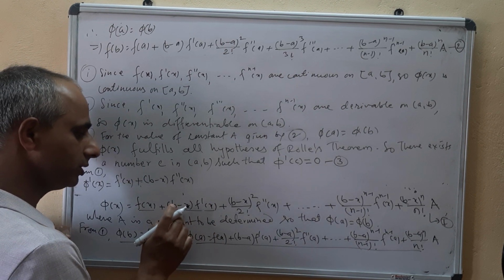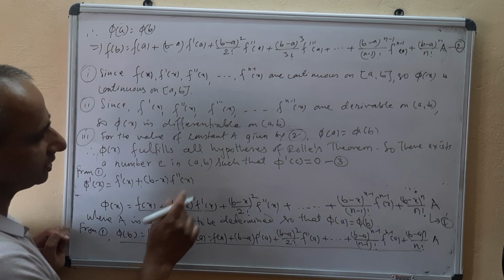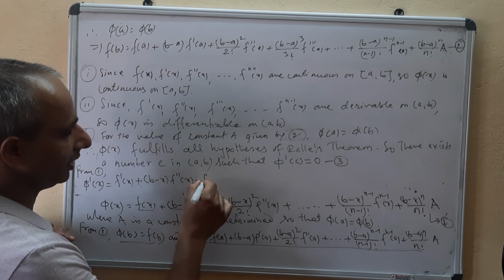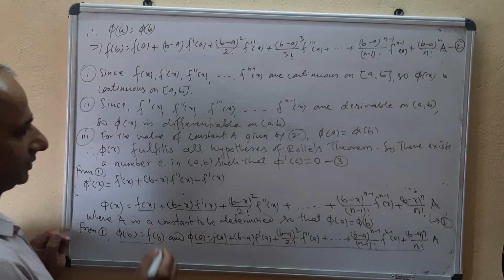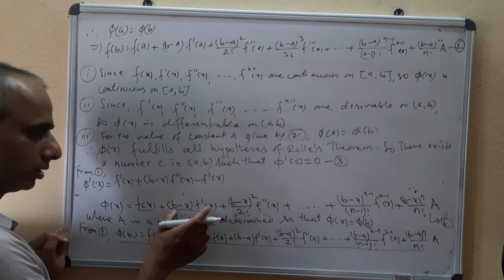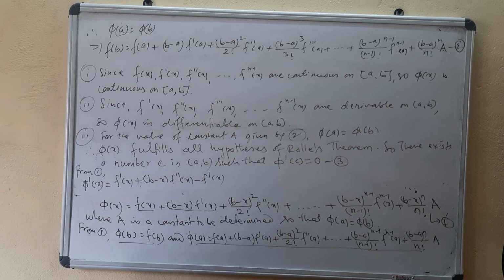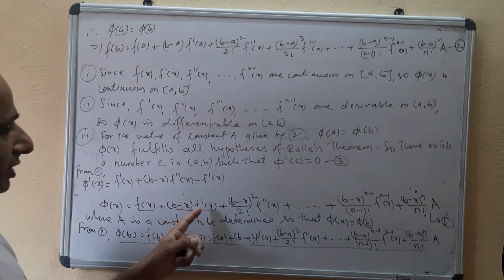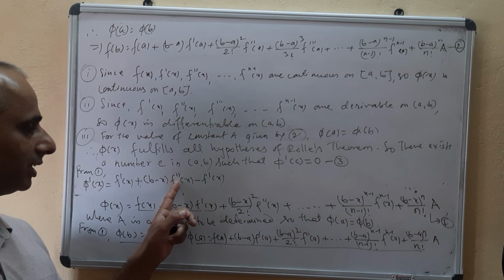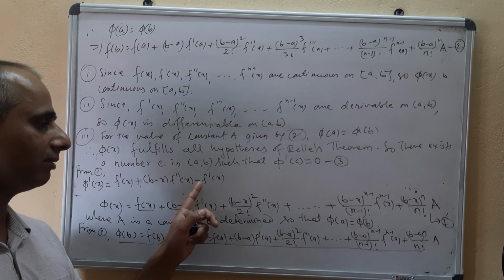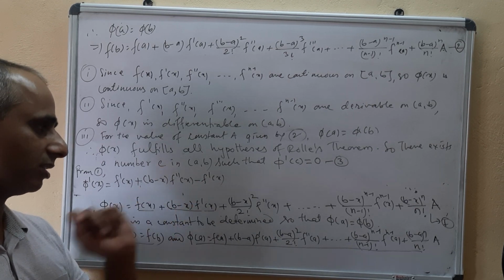Now I need to differentiate b minus x, whose derivative is minus 1, so minus f dash of x. The second term produces two terms after differentiation by using the product formula. First I differentiated f dash x, so f double dash x. Secondly I differentiated b minus x, so derivative minus 1, so f dash of x as it is.